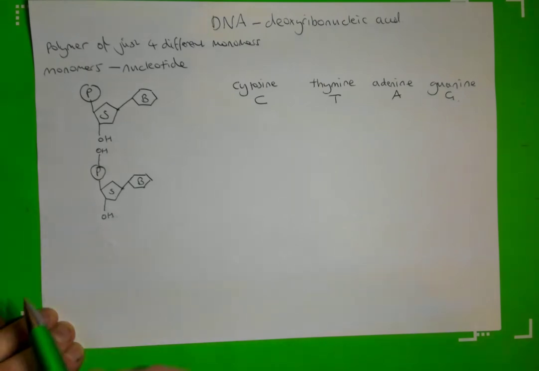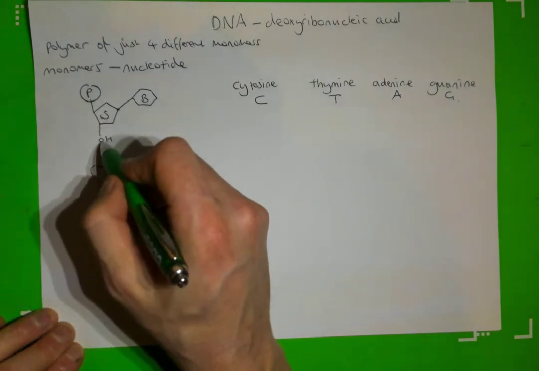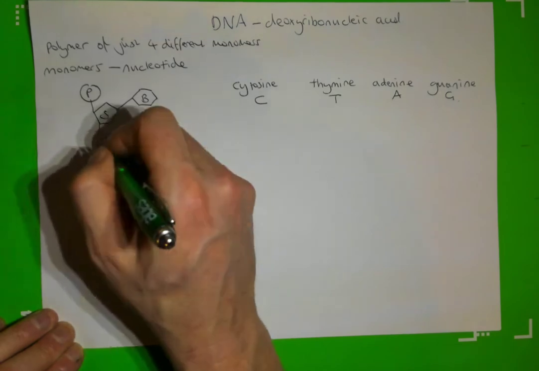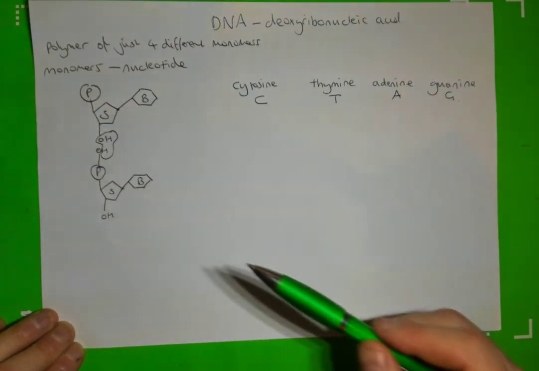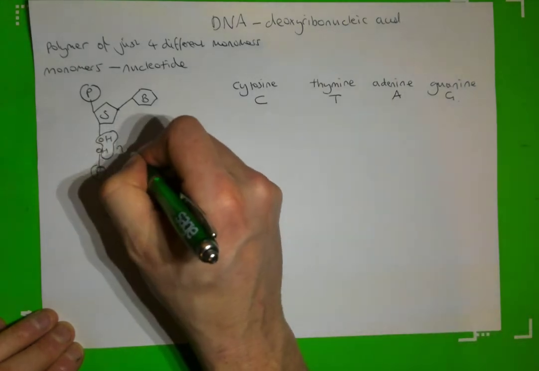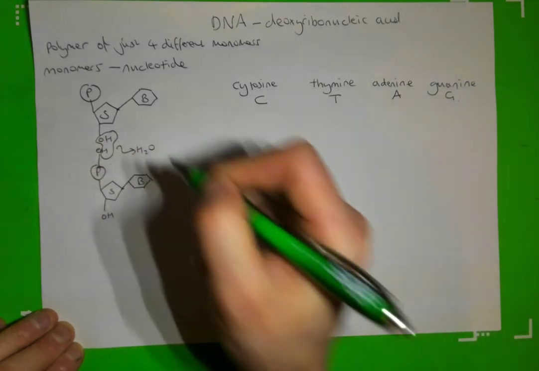So we can see here that we've got an OH here and an H there. Now if I circle just those 3 atoms there, you'll know that there's 2 hydrogens and 1 oxygen. So that would eliminate a molecule of water, like this.